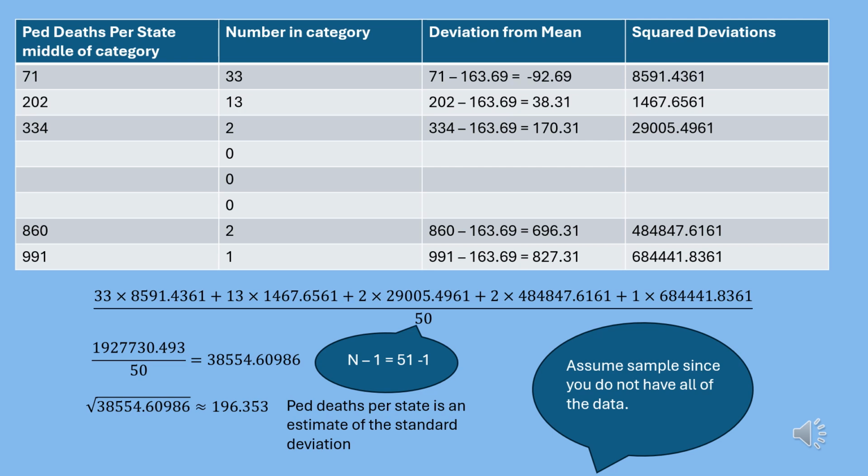So when I go to add the squared deviations in order to average them, I'm going to take 8,591.4361 plus that, but 33 times.